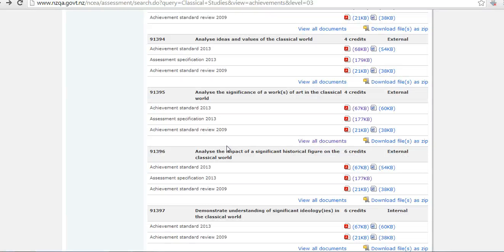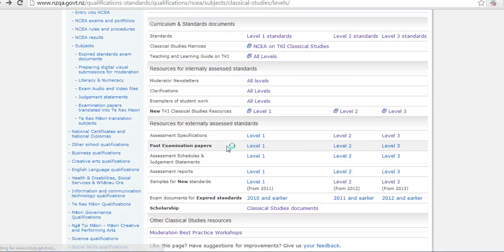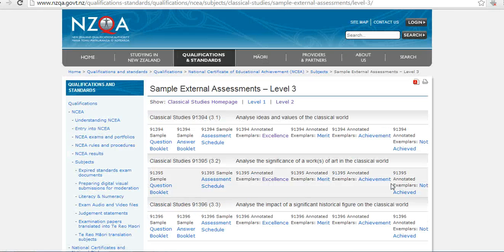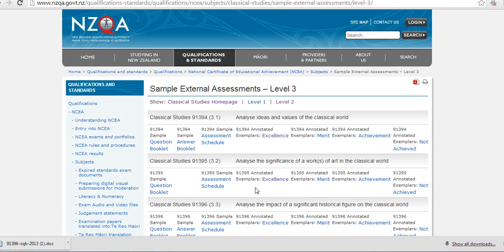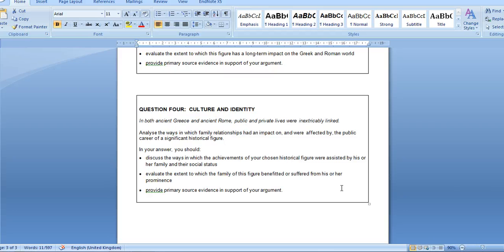So if we go back, that's one of the key things to think about. If we go back to the externally assessed standards section, you should never judge what's going to be in the next year's exam based on the previous year's exams. If we look at the sample paper for 2013, for level 3, and have a look at that one, it'll pop up.